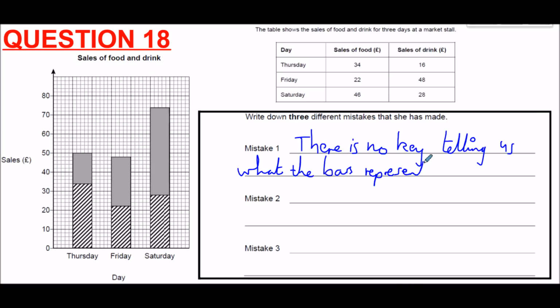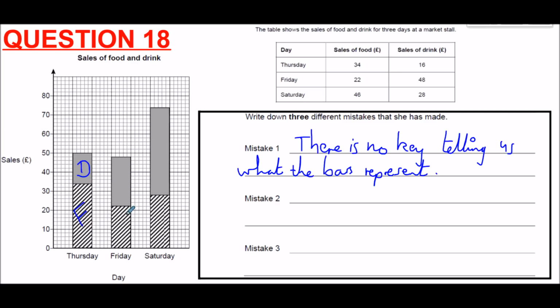Then if you have a look on Friday, I can only presume that from Thursday, food is 34, and so that must be food, and drink must be the other 16. 34 plus 16 takes you to 50, so you can work out yourself that what they must mean is that the lined bar means food, the solid bar means drink.